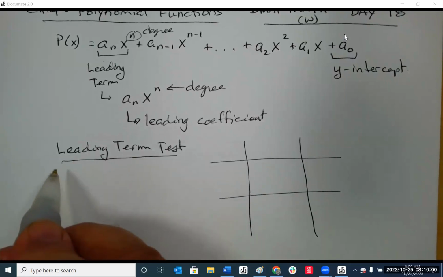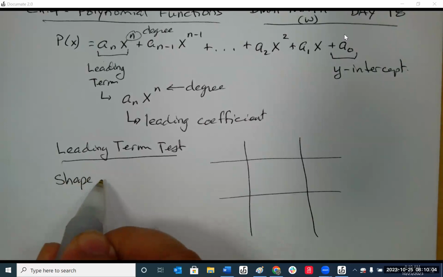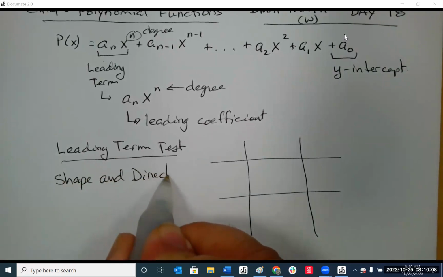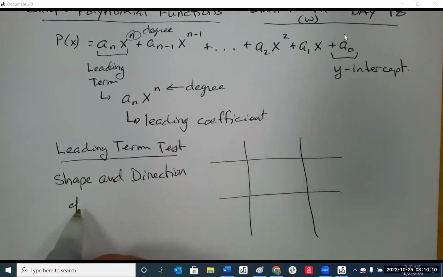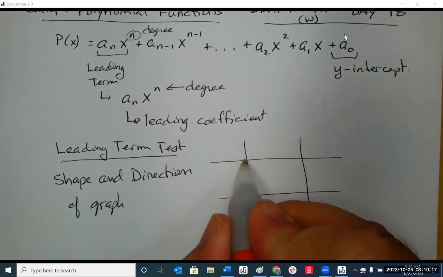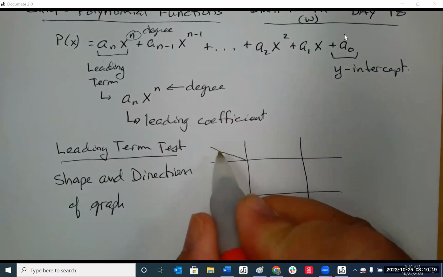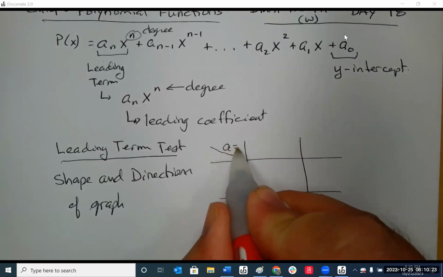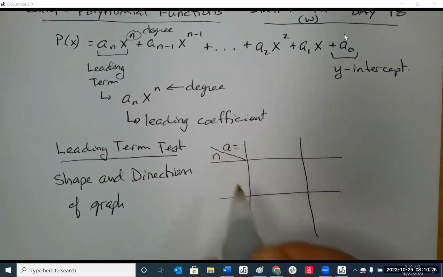The leading term test gives us the shape and direction of the curve, of the graph. Here we look at A, and here we look at N going down.